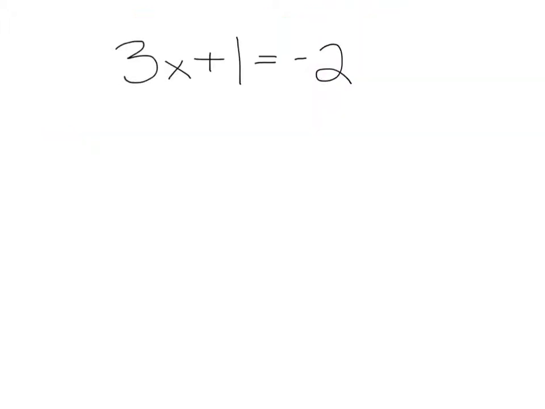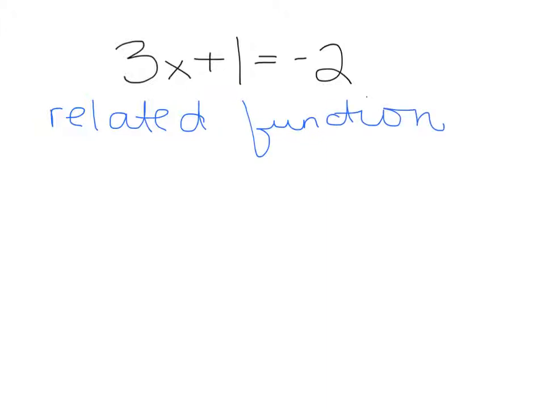You can also solve this example here by graphing. So we have 3x plus 1 equals negative 2. The first thing you want to do is find the related function. So you want this to come out to be a function. So your step 1 is to set it equal to 0.